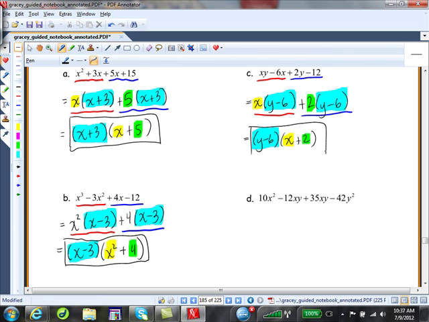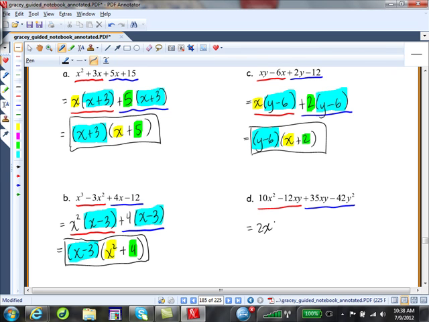All right. And last but not least, in this example, we'll try them as they are, red group and blue group. So what could I factor from my red group? I can factor out a 2 certainly from the 10 and the 12, and then just an x.